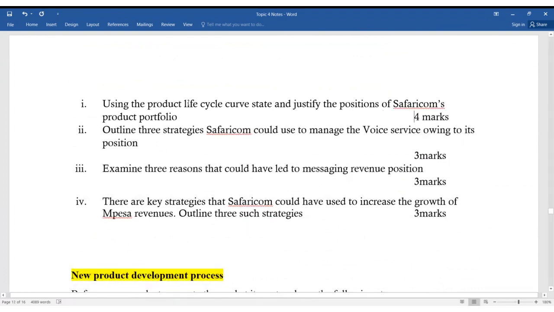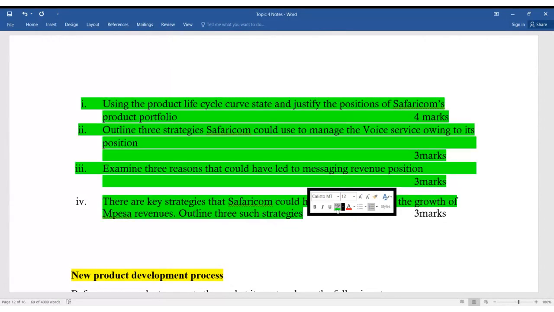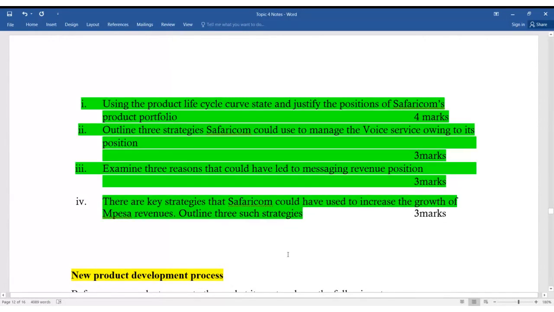Now, a question like this. Let me do a highlight as well. I think this is the last thing we are doing. Using product life cycle concept or life cycle curve.